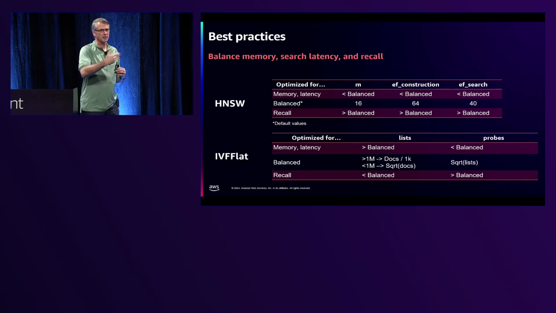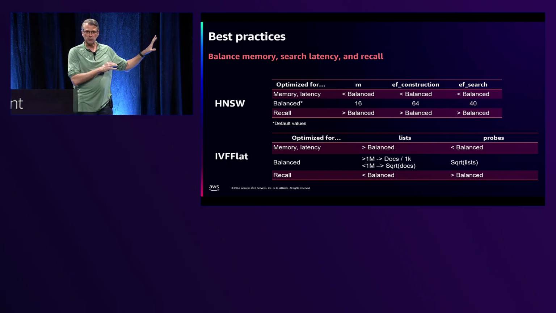So there's less to scan, less to maintain in each of these lists. So increase the number of lists, and when you query, reduce the number of probes. So I've got more smaller lists, and I'm going to search fewer of those, effectively searching through fewer embeddings to try to get my match.